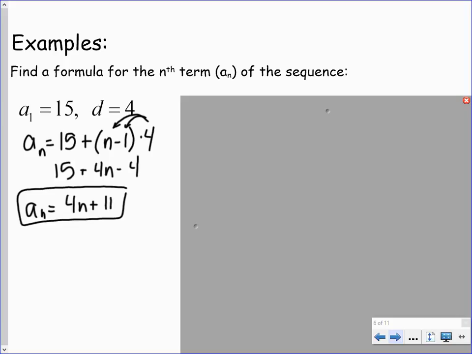If I was not using the formula, so more like what we did yesterday, if I were starting this, I'd say a sub n equals, and we had an example yesterday, I think it was 1, 5, 9, 13. That was the example where we saw that it was going plus 4, plus 4, plus 4, plus 4. So a lot of us initially had written a rule like n plus 4. Do you remember that example that we did yesterday? Okay.